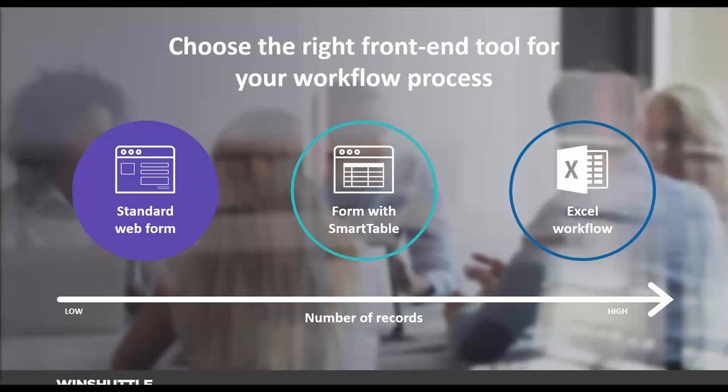These are forms where the data is represented in the form of smart tables. And if you have hundreds or thousands of records to process, then Excel workflows are the best option. In this session, we'll be talking about web forms and workflows, and Jayashree will be taking us over the session. Over to you, Jayashree.